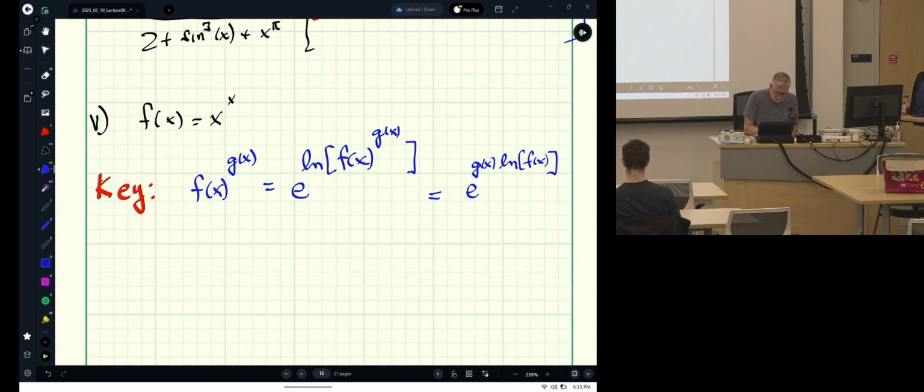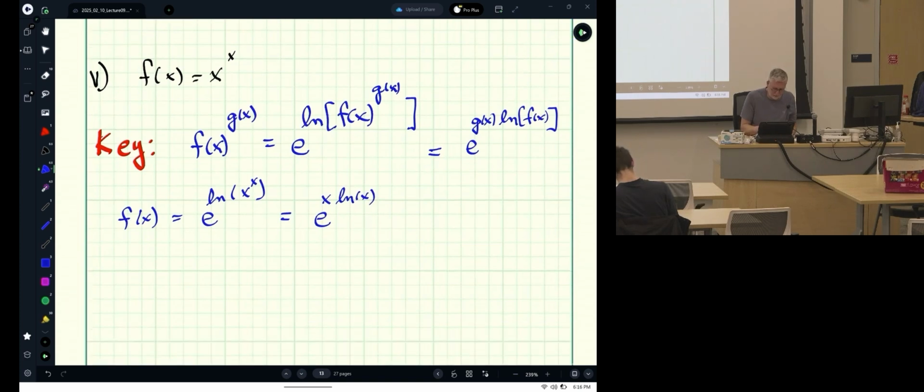And so for us, we write f of x equals e to the log of x to the power x, equals e to the x times log of x. Now, quickly get the derivative for me.